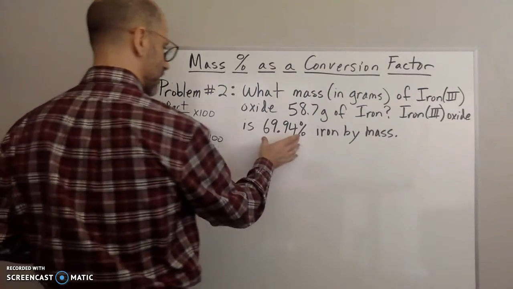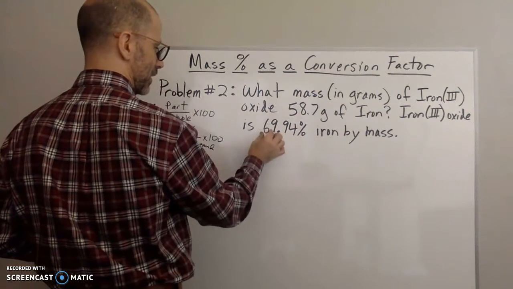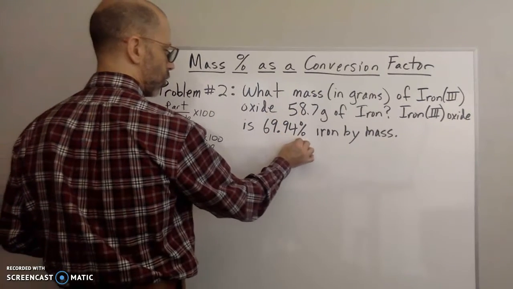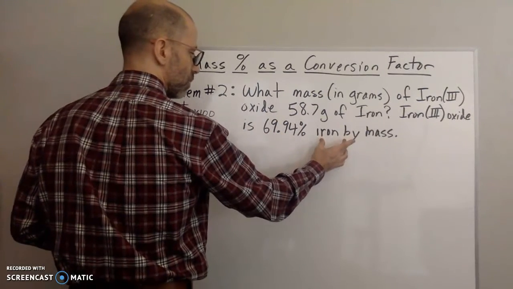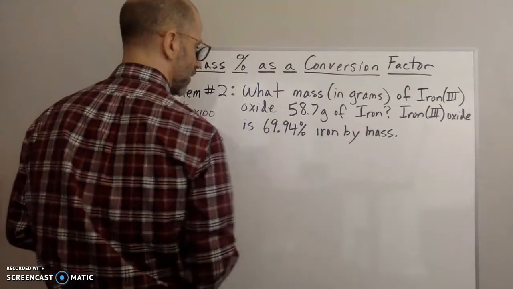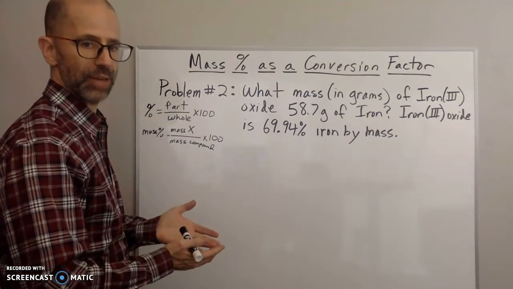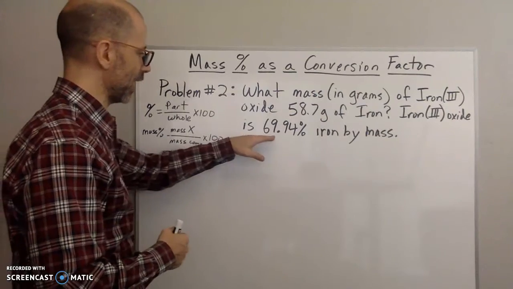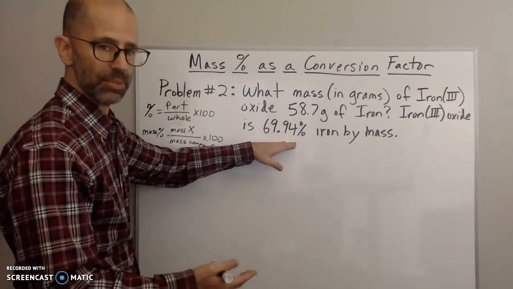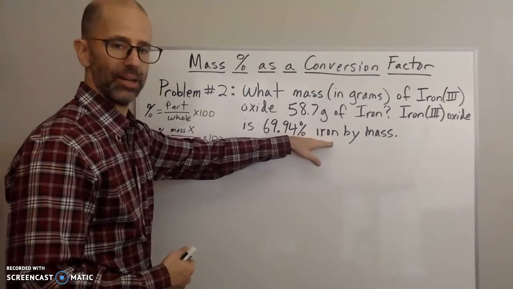If iron 3 oxide is 69.94% iron, then that means if I have 100 grams of my iron 3 oxide, then 69.94 grams of it is going to be iron.